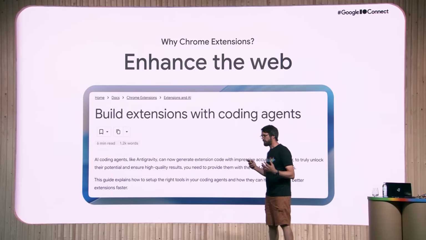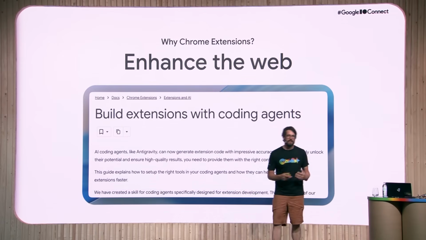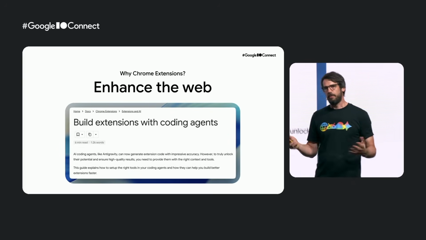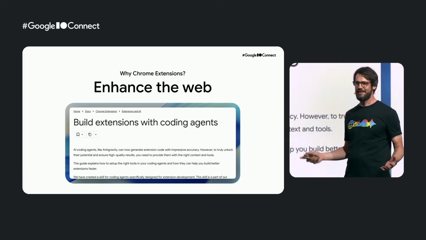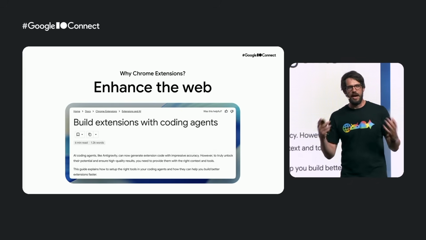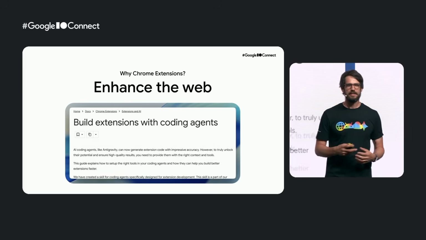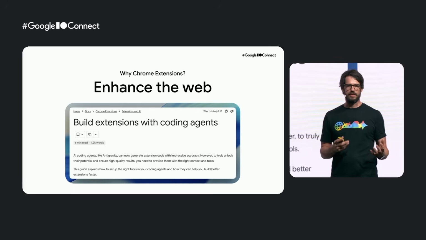talking about getting started, I want to quickly give you an overview of what you can do with Chrome extensions. The first thing that you can do is enhance the web, by injecting JavaScript and CSS into any web page in the browser.